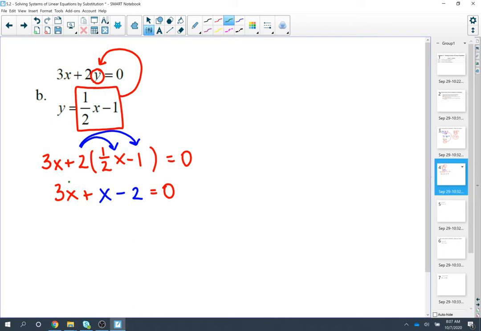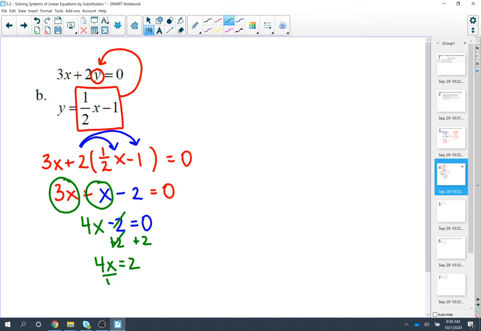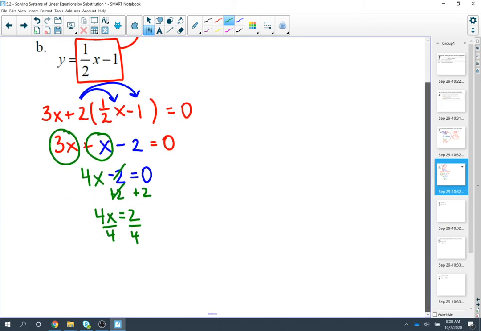Then I'm going to combine like terms. 3x plus x is 4x minus 2 equals 0. Then I'm going to add my 2. So 4x equals 2, and then divide by 4. So now we have x equals 1/2.